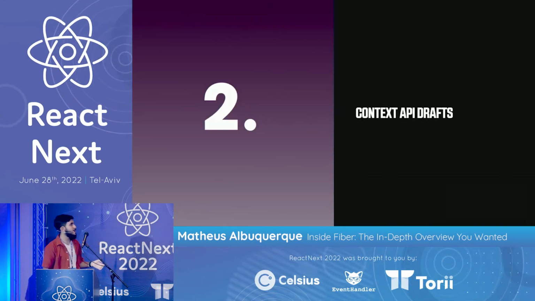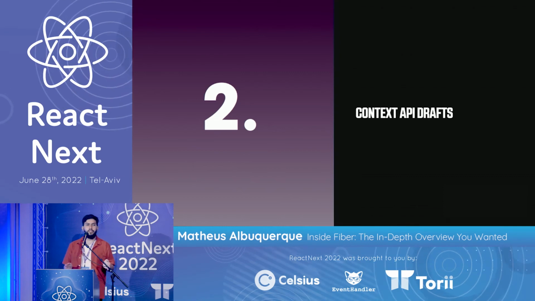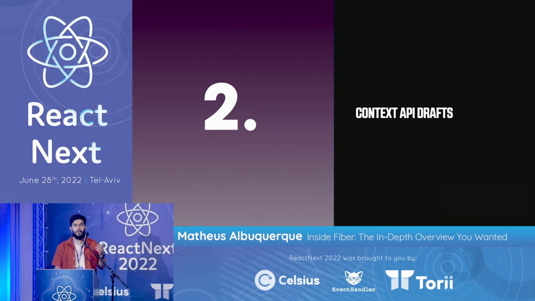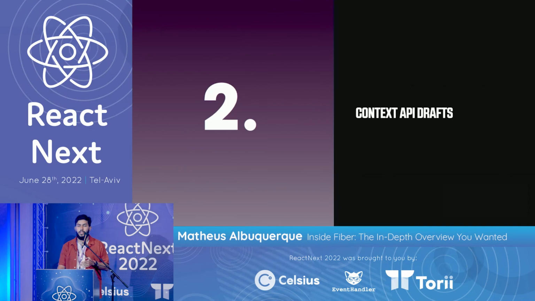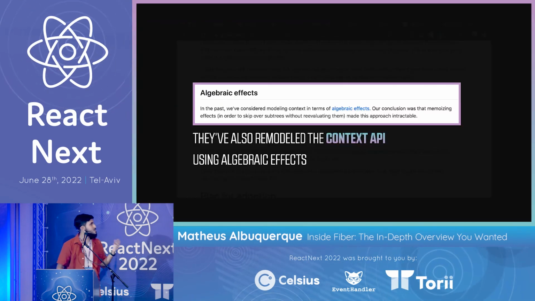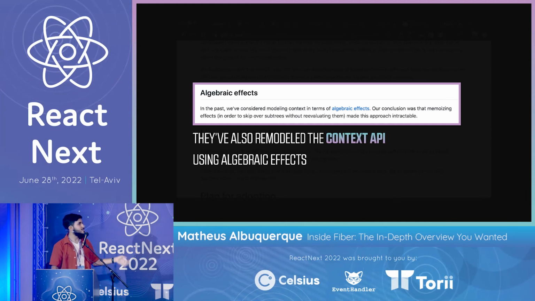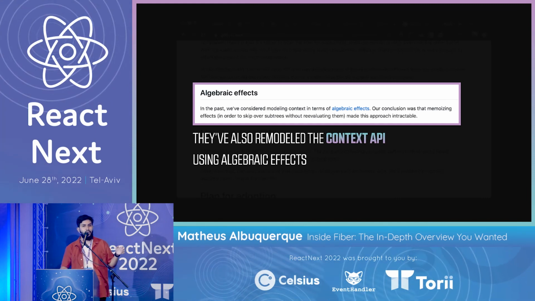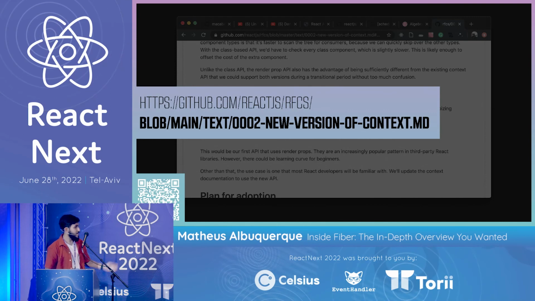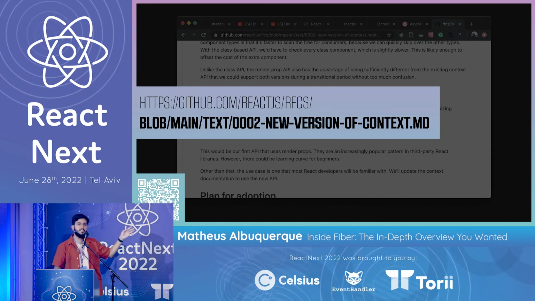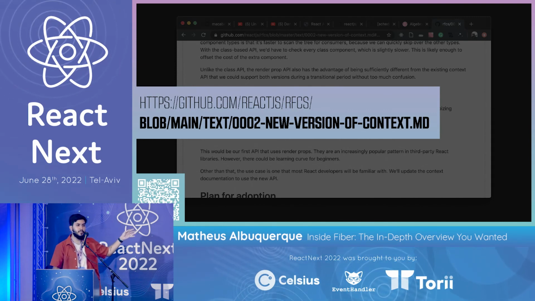Fast forward in time, when they were remodeling the context API, before React 16.3, they also did drafts based on effect handlers and stopped because of issues memoizing those. But again, it's really nice to see the historical value of it back then.